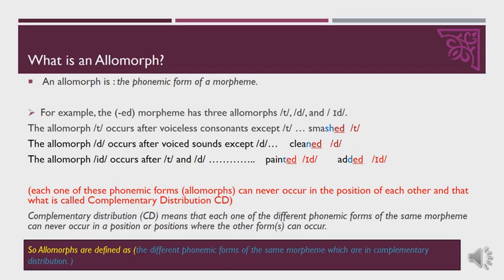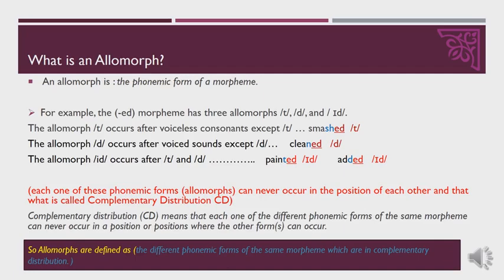After voiceless consonants except te, we have the te allomorph. Can we have the de allomorph instead? Smash, smashed. But can I replace it by de, smashed? I can't, because this is the position where the ed should be pronounced as te.